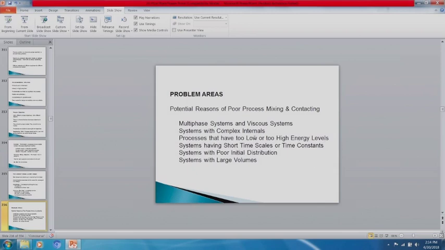You don't want to burn the material. Some processes can put in enough energy where the material actually burns or shear degrades with high temperatures. You don't want to mix in that. Systems with short time scales, systems with poor initial distribution, and systems with large volumes.